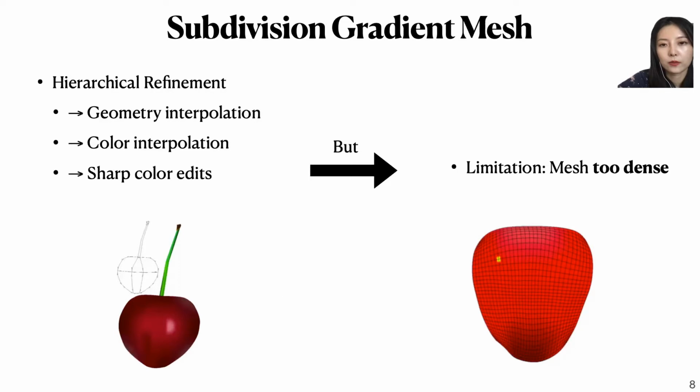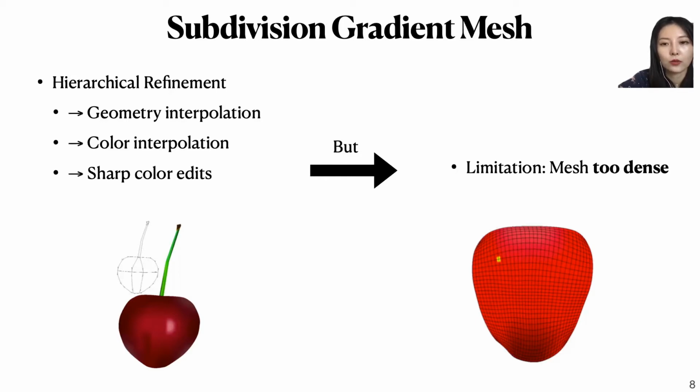So what I just presented is previous work. It's what's been done before, and it's the traditional method. It supports all these nice features listed here, but it is not efficient. It creates meshes which are too dense. Although the refinement is local, it forces you to do global subdivision, which is not efficient.